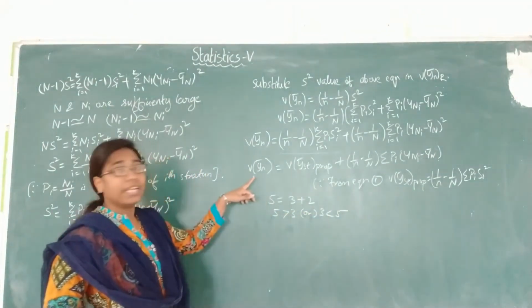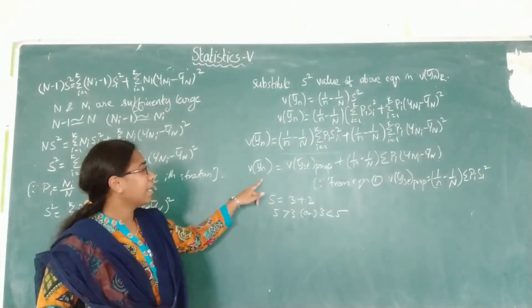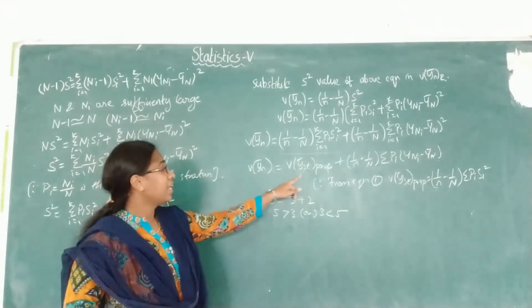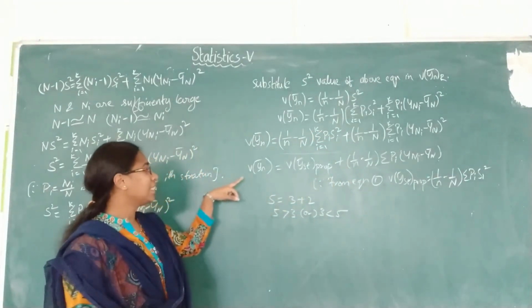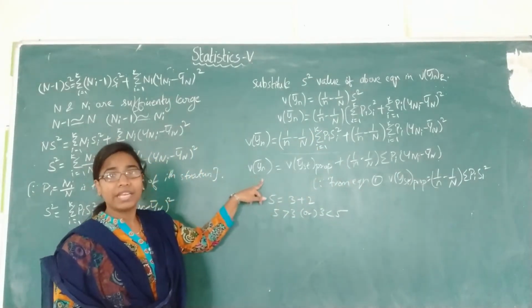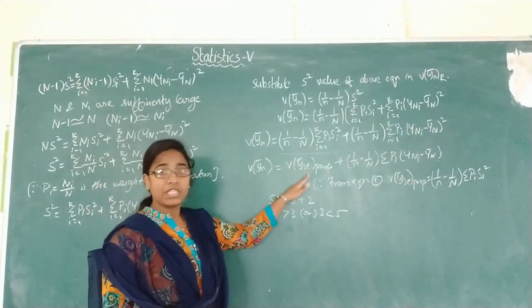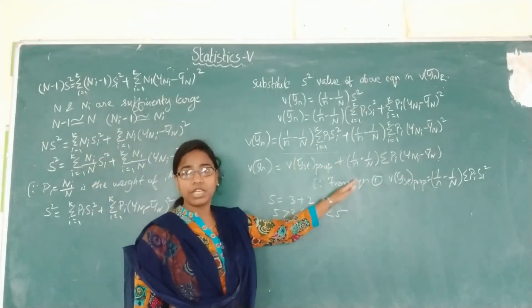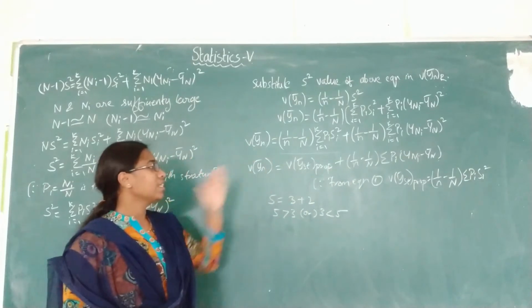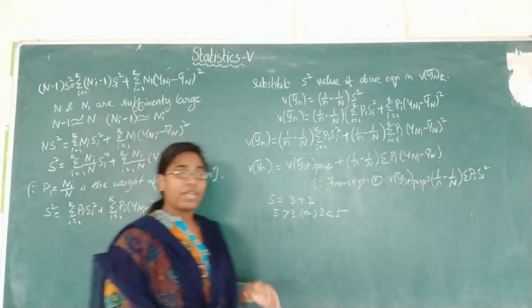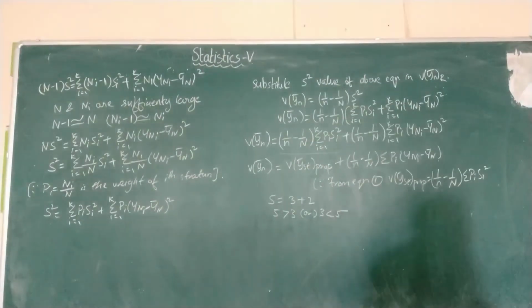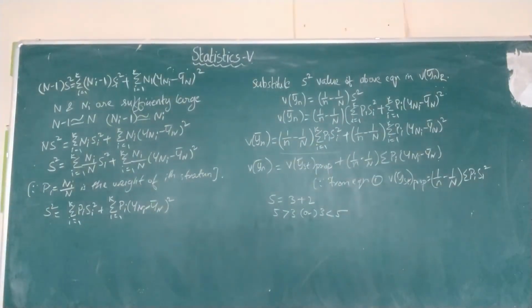Similarly here, variance of y bar n equals variance of y bar st plus some value. So this indicates that variance of y bar n is greater than variance of y bar st under proportional allocation, or variance of y bar st under proportional is less than variance of y bar n.